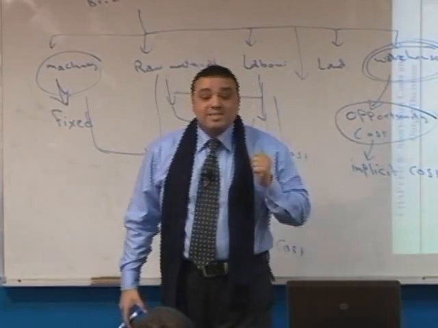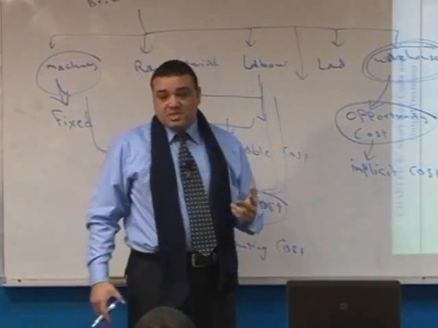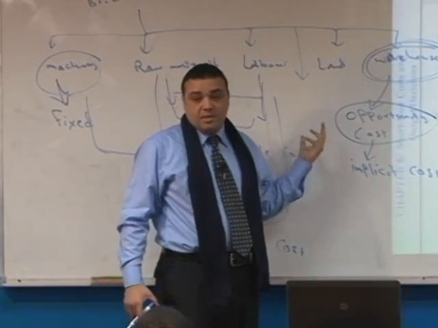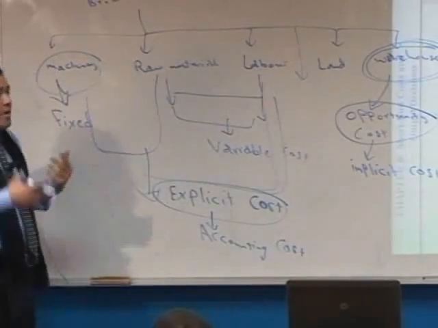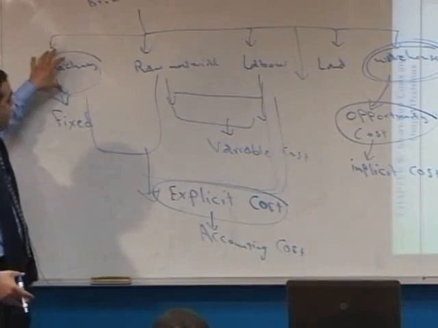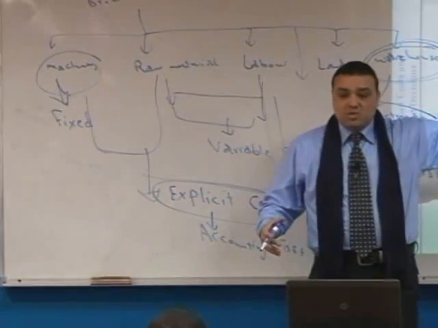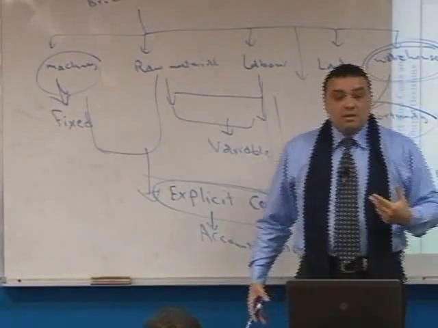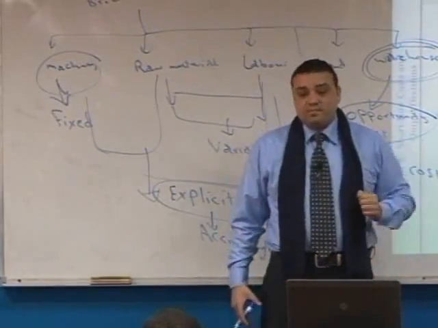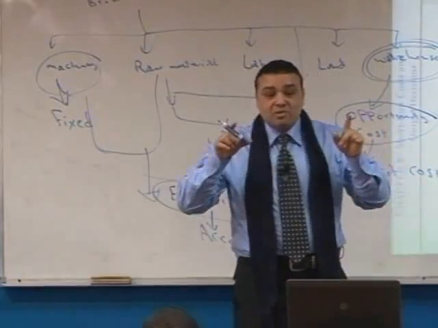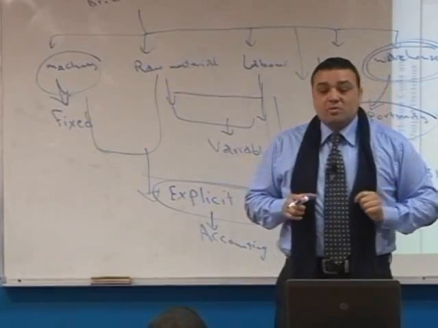But if you ask the economist, what about the cost for your factory? He will say, our cost is machinery, raw material, labor, land, and warehouse. So he considered the opportunity cost or the implicit cost, right? So we have to distinguish between the economic cost and accounting cost.